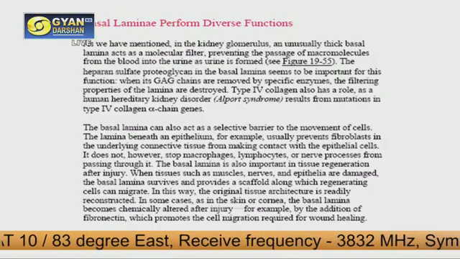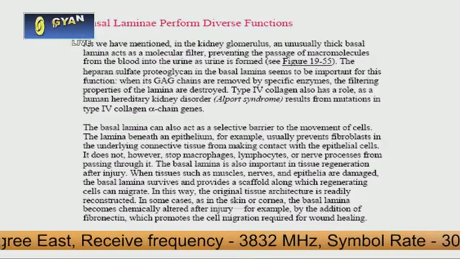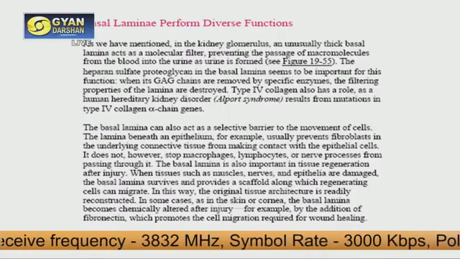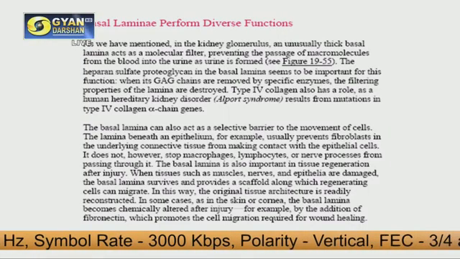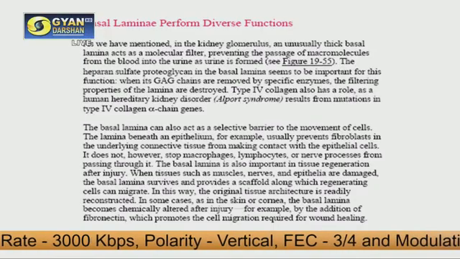So laminin is important, and at the same time type 4 collagen, as we have seen in the basal lamina, is equally important, because if you have a mutation, it will lead to this kind of disease, or rather syndrome, in the kidney.